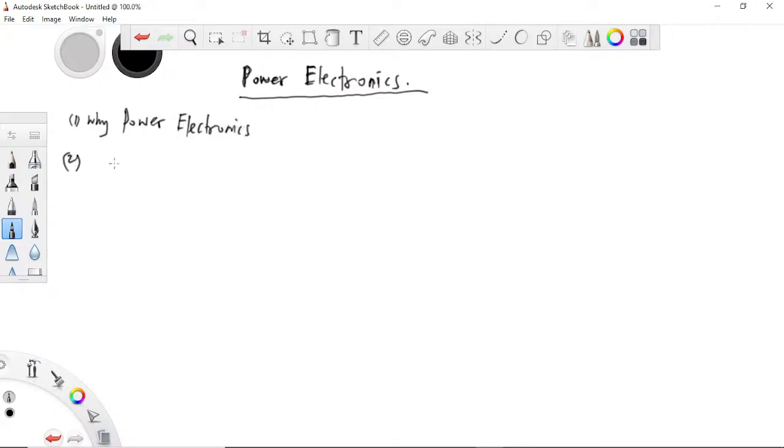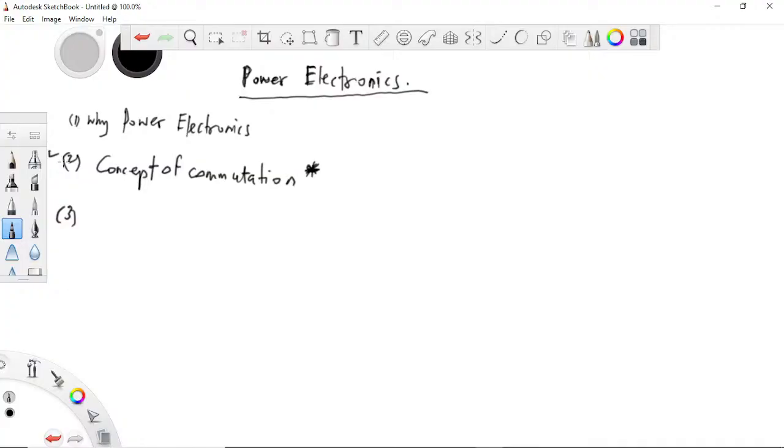Then we'll look at the concept of commutation. This is a very key concept to understand. Understanding this concept means that units 2 and 3 will go smoothly for us.